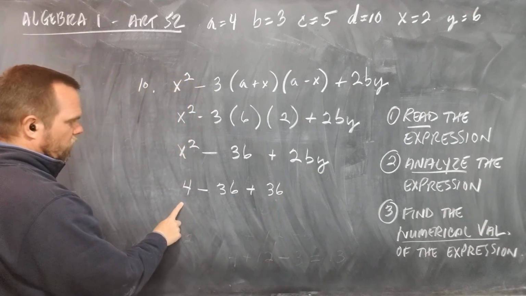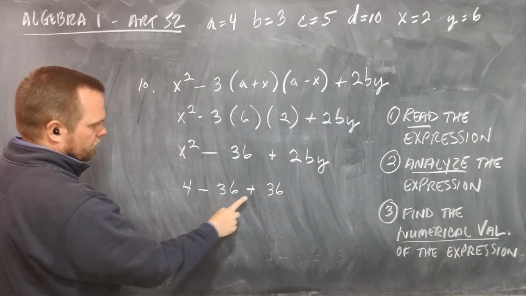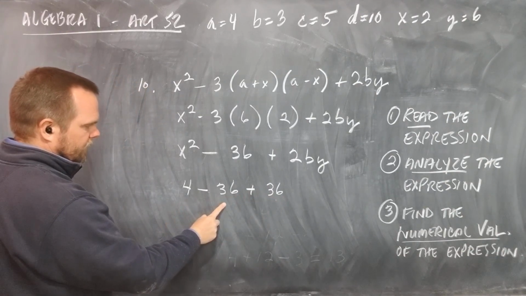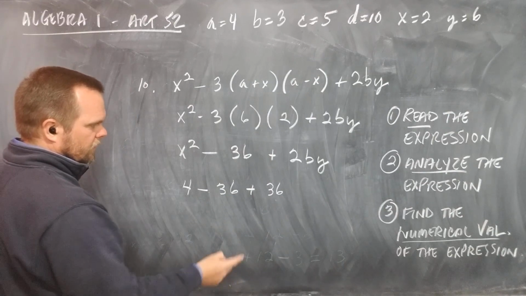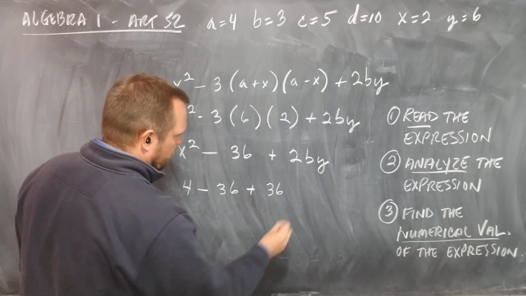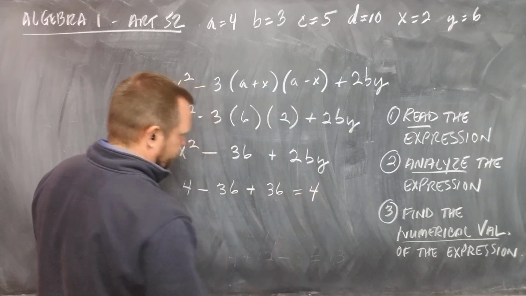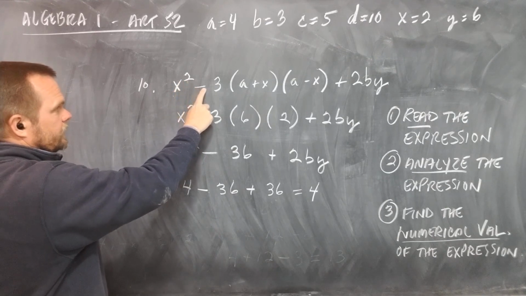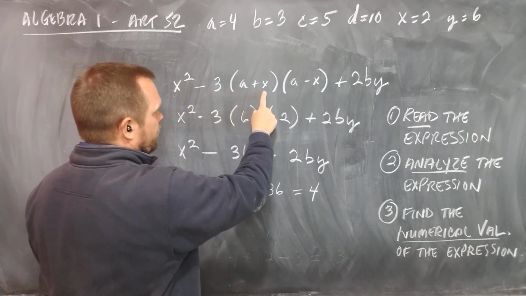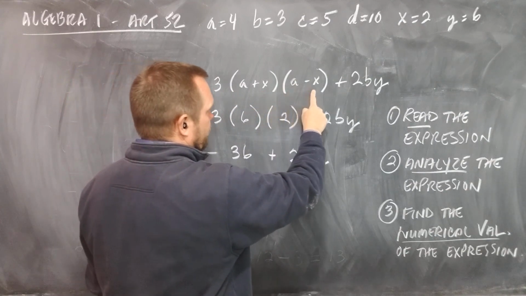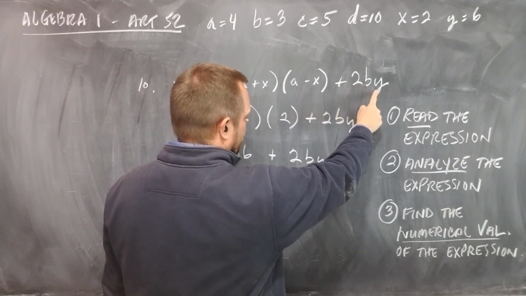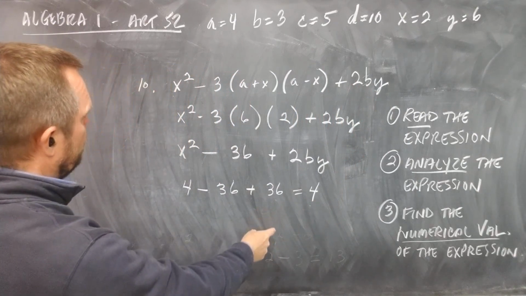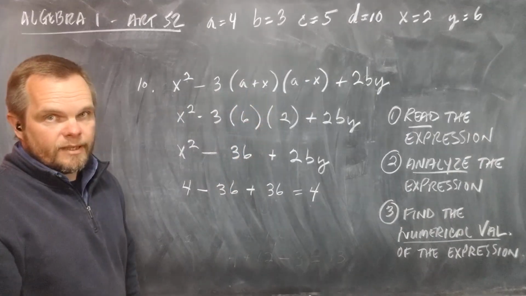So we have 4 minus 36 plus 36. 4 minus 36 is negative 32. Plus 36 equals 4. So the numerical value of x squared minus 3 times (a plus x) times (a minus x) plus 2by is 4. That's the numerical value of the expression in number 10.